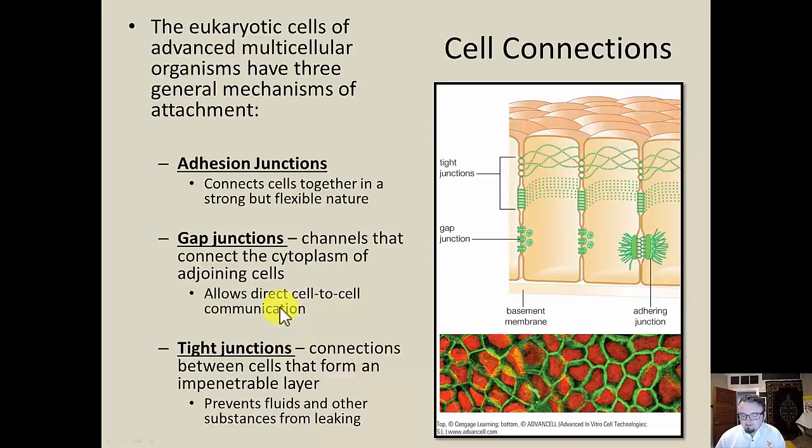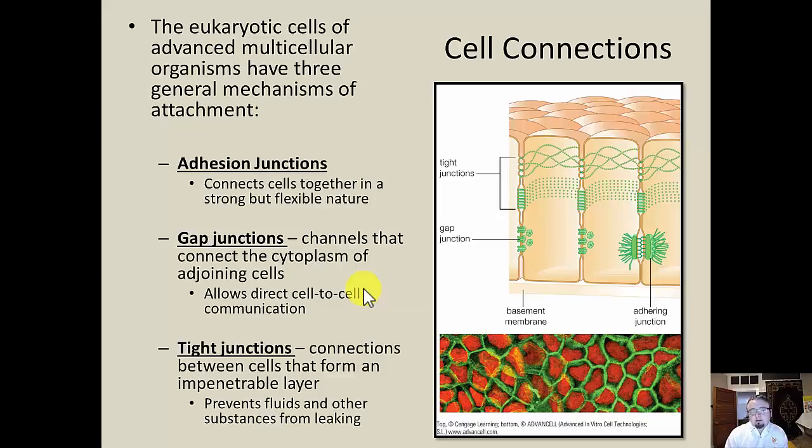The last type are called tight junctions. Tight junctions are similar to adhering junctions, but the difference is they literally create a watertight layer between two cells. So anytime two cells want to mesh together in a way where nothing can really move between them, tight junctions are found. These are found, for example, in your intestinal lining, especially around the stomach, where you have gastric juice or gastric acid, like hydrochloric acid.